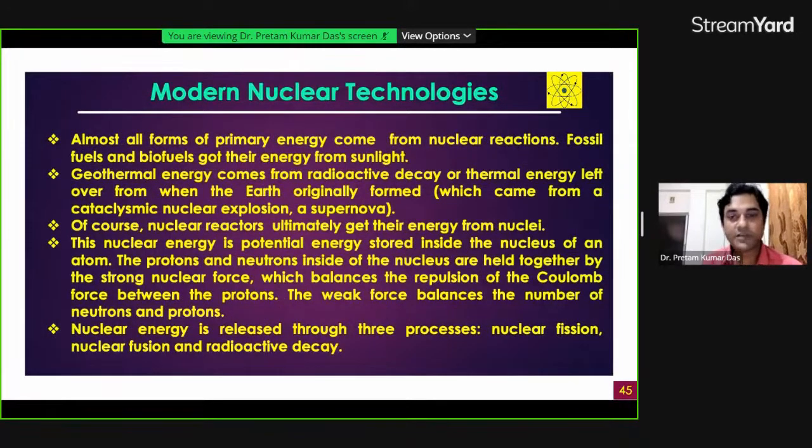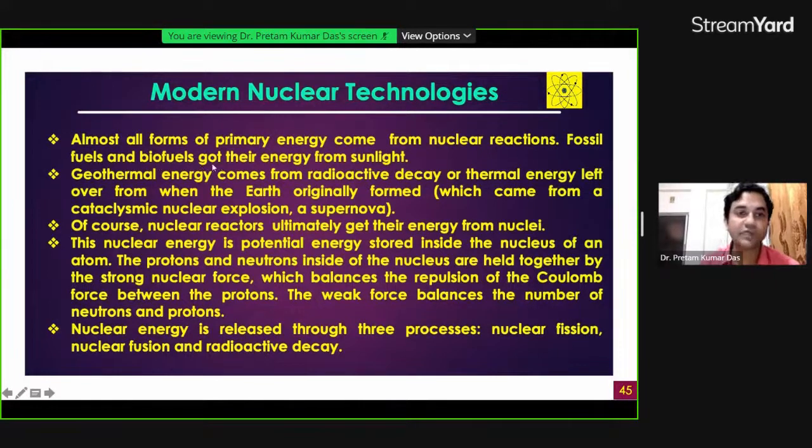Almost all forms of primary energy come from nuclear reaction. If we consider that all the existing things on Earth come from after the supernova of a star, we can consider that all the energy comes from stars or nuclear reaction.